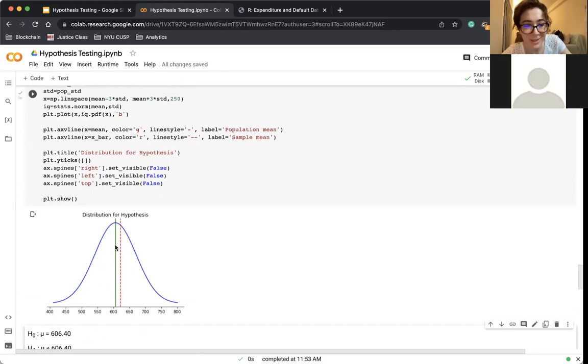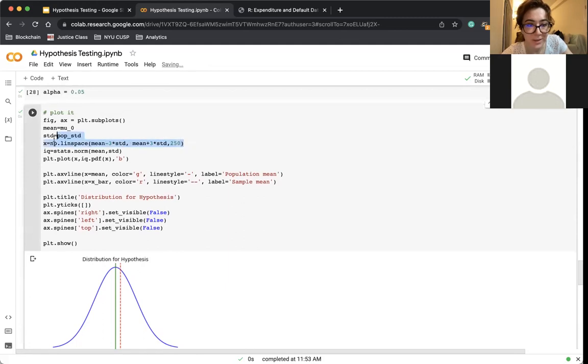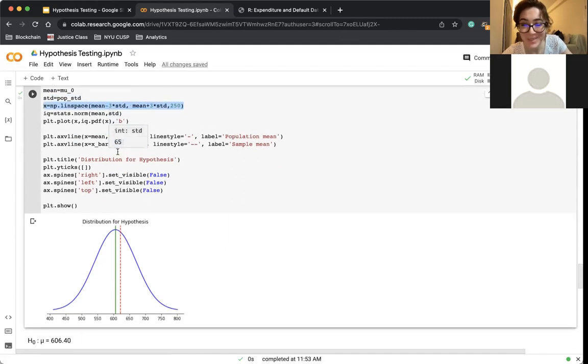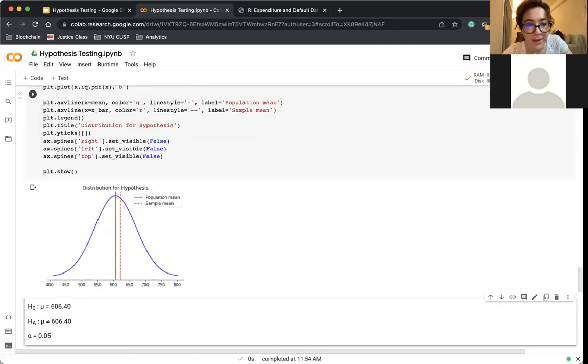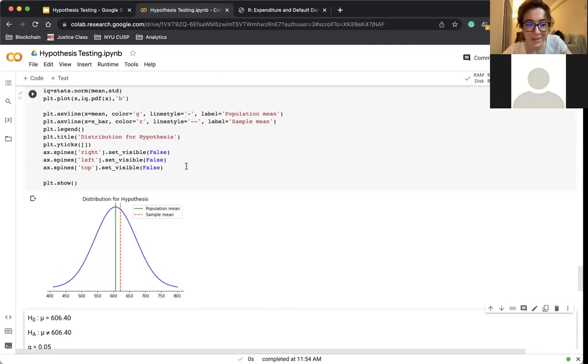And that makes more sense anyway, because this distribution should be symmetrical around the mean, because that's what this code is doing. So now the red line is probably the other one. What is it? 620 something? That's what it was. Here, let me turn on the legend by plotting this. I have labels here, but I didn't have the legend show. And now instead of guessing, yes, exactly. You were right. The red is the sample mean.